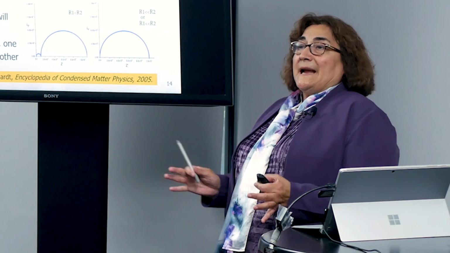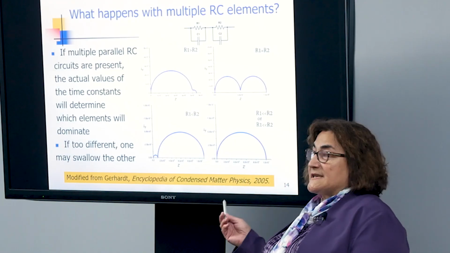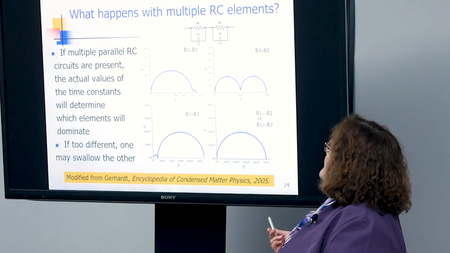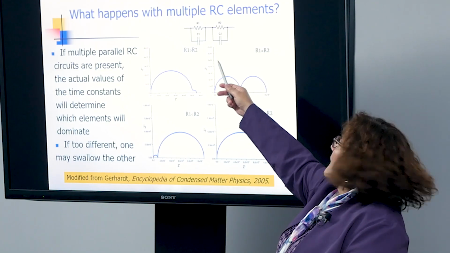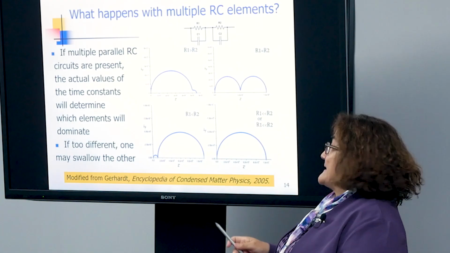So what happens then if we have multiple of these circuits? Well, again, as I indicated, we have done far more work with RC circuits than with RL circuits. So I'm first giving you an example here for a series of RC circuits, which are parallel RC circuits.